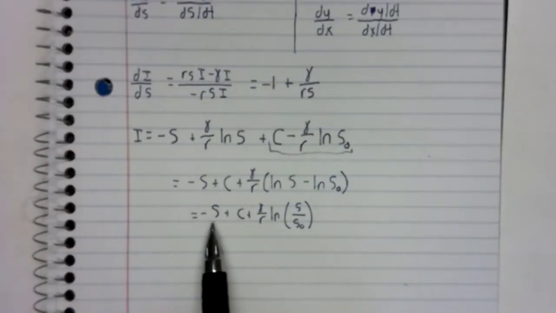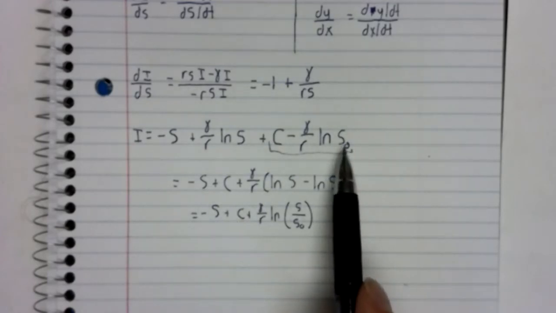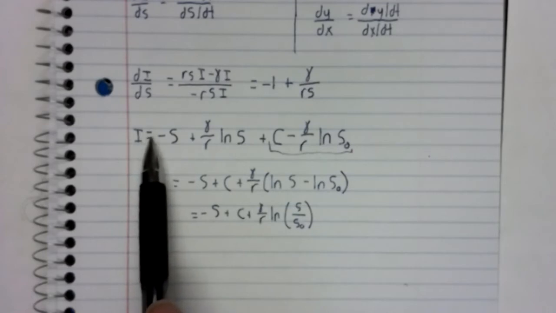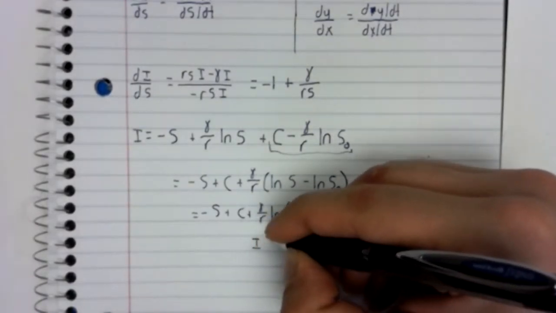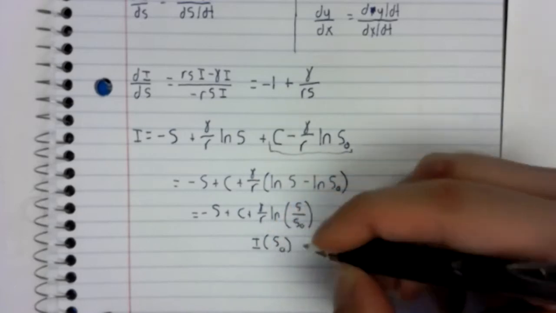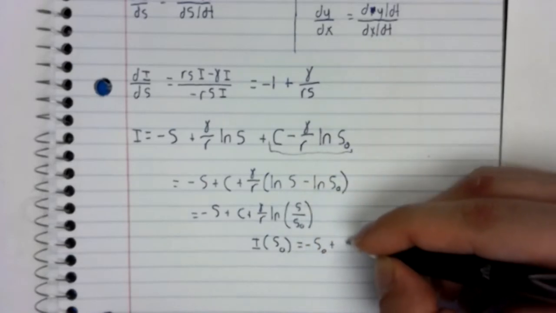Now let's take a look at this C. We'll plug S sub 0, the initial number of susceptibles, into this equation. Over here, we have I of S sub 0.